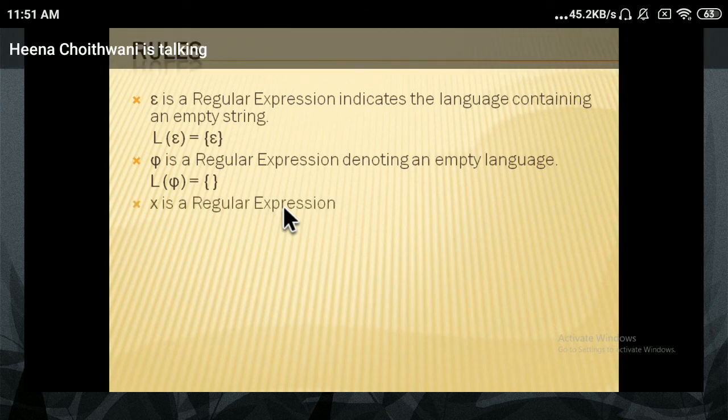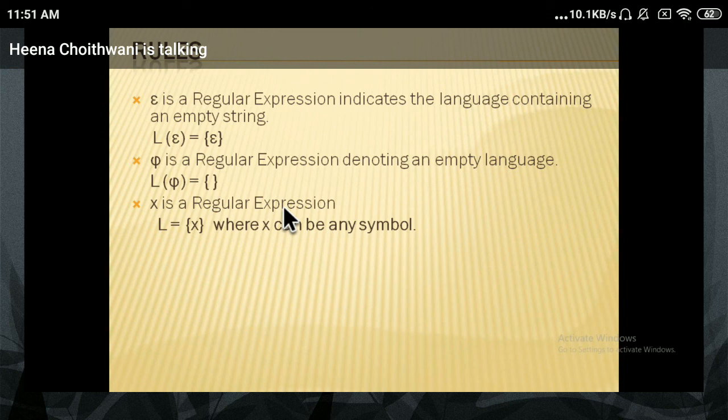Next is a regular expression where X is any symbol. So X can be any singleton symbol: A, B, C, D, capital, small, characters 1, 2, 3, or any symbols which can be part of your symbol set, that are regular.